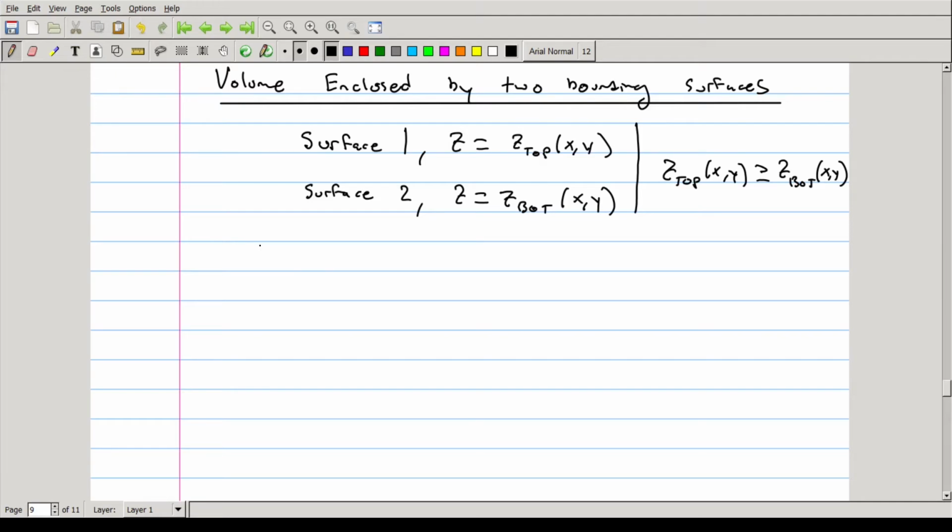Similar to how if you have two separate functions, one that's greater than the other one, the area bounded between those two functions is the single variable integral of the top function minus the bottom function.